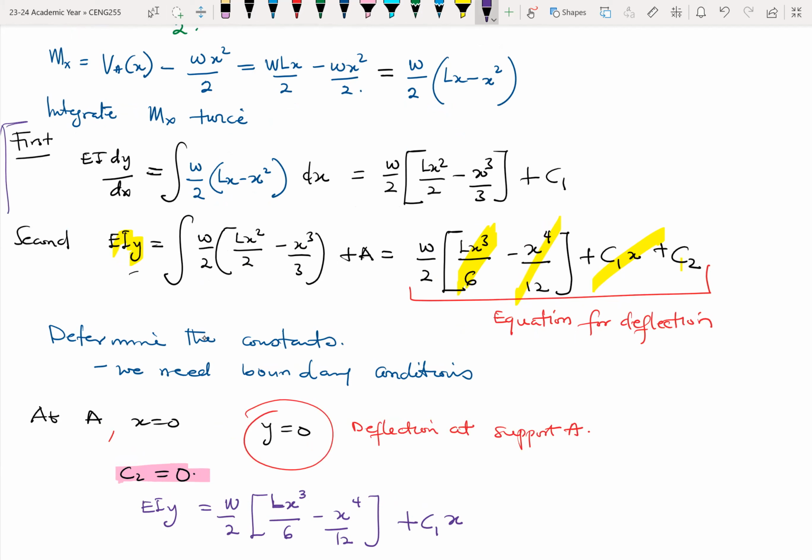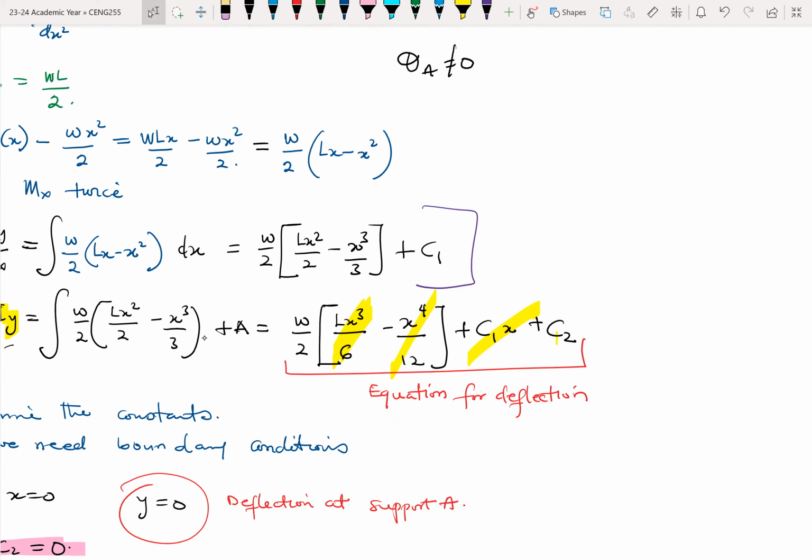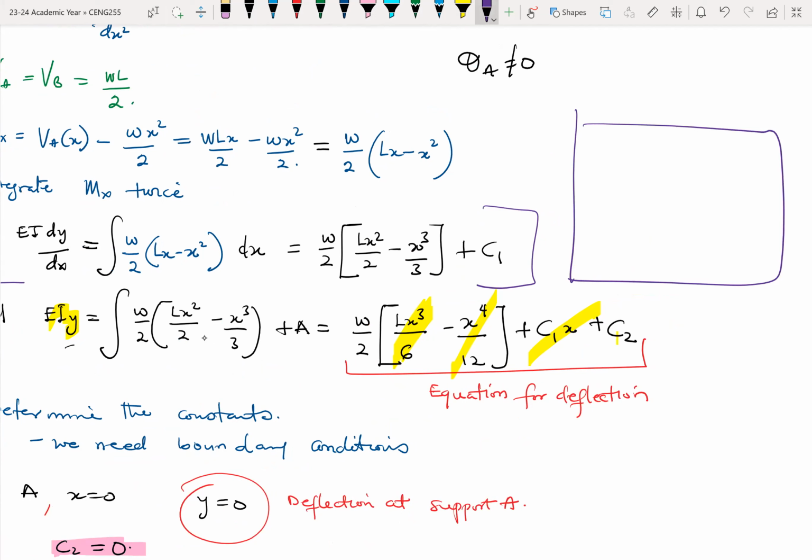Once we find C1, where C1 is 0, then it means that our slope, just on the side, EI dy/dx will be equal to wL/2 times x squared over 2 minus wx cubed over 3.